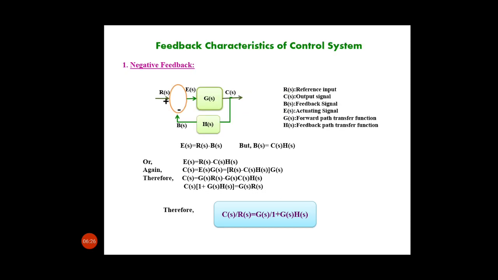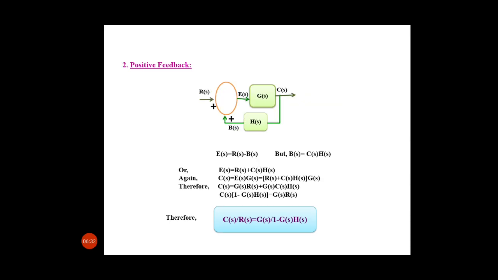For negative feedback the denominator is 1 plus G(s)H(s), but for positive feedback it is 1 minus G(s)H(s). This is the transfer function of positive and negative feedback closed loop control systems.